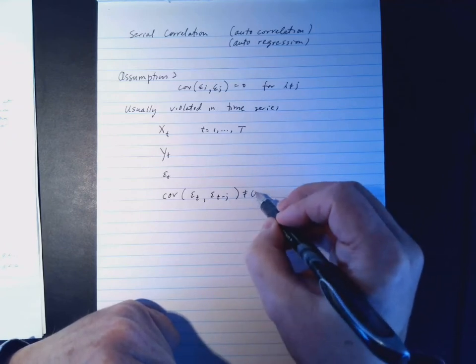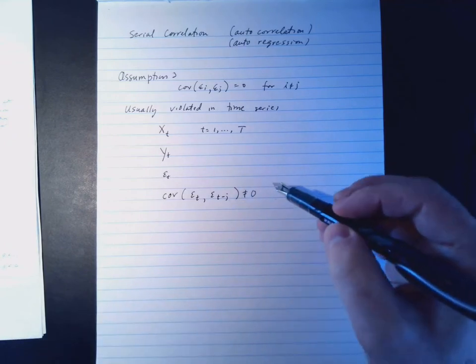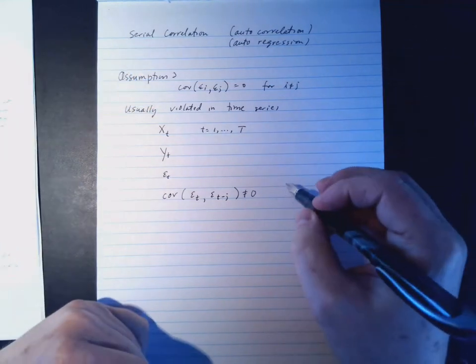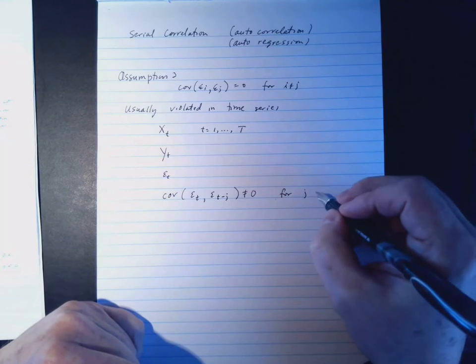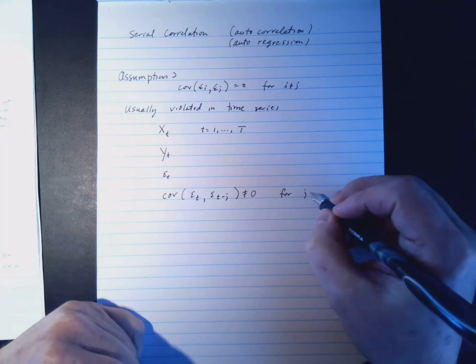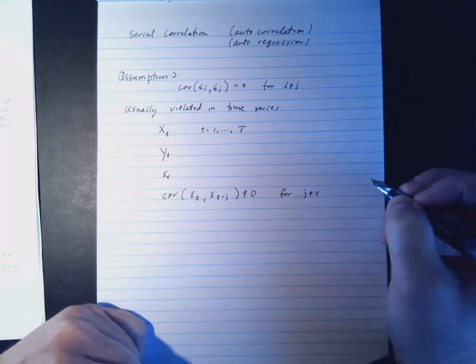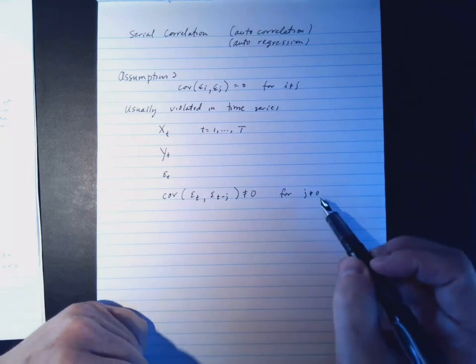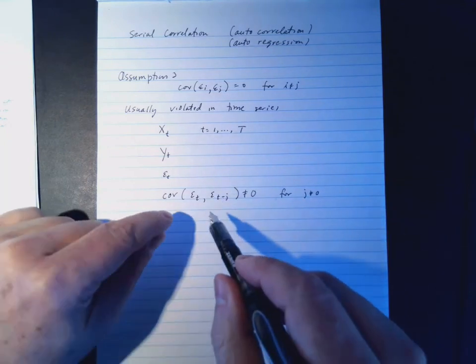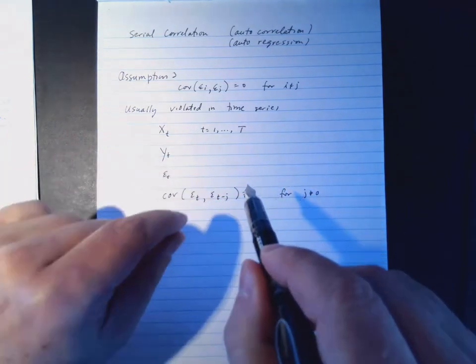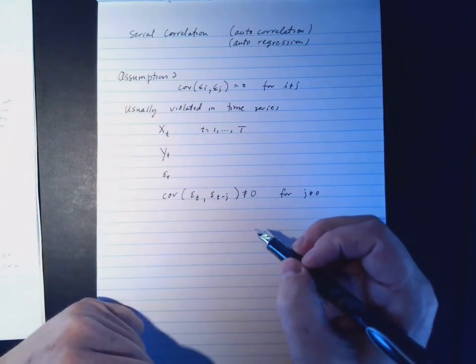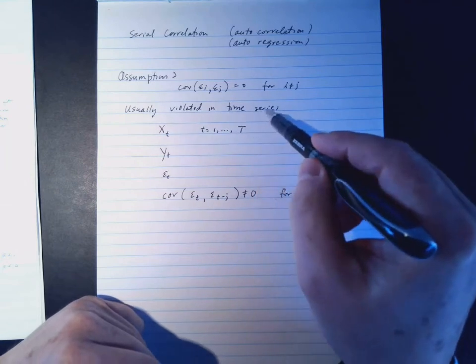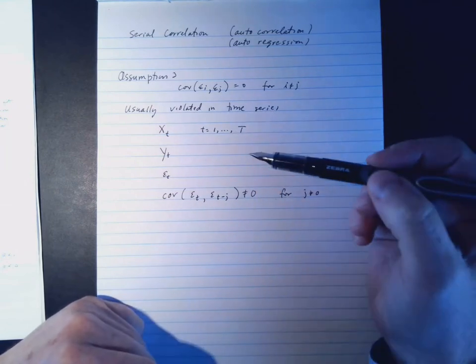And we're going to assume that that is not equal to 0, so we're violating the assumption, for j not equal to 0. So if j equals 1, then that means it's the error term for this period and last period. If j equals 2, it's 2 periods back, and so forth. So with time series, it means we're indexing the observations in time.